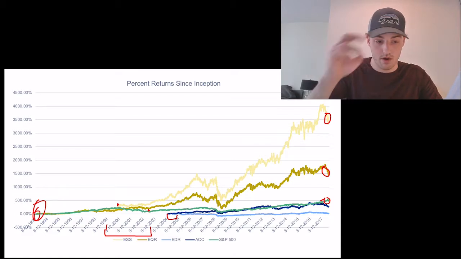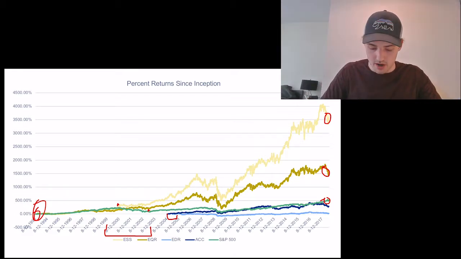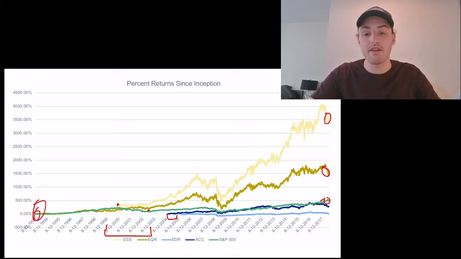So therefore, when the market now appreciates, right, because every time you destroy your capital base by 50%, you need a 100% return to get back to your original starting point before that market collapse.